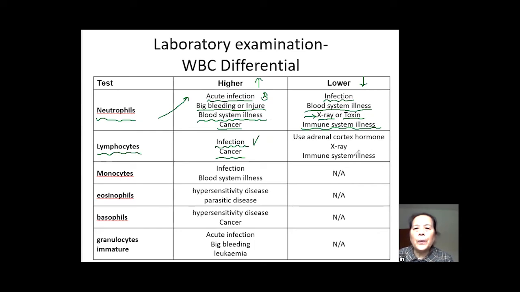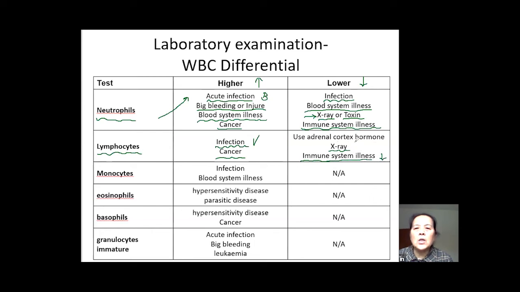And the number decreased. X-rays still kill blood cells, including neutrophils and lymphocytes. Immune system disorders still cause the number to decrease.